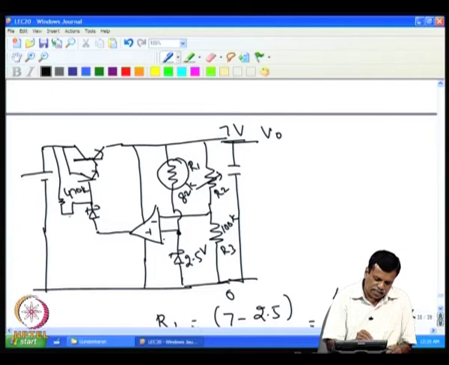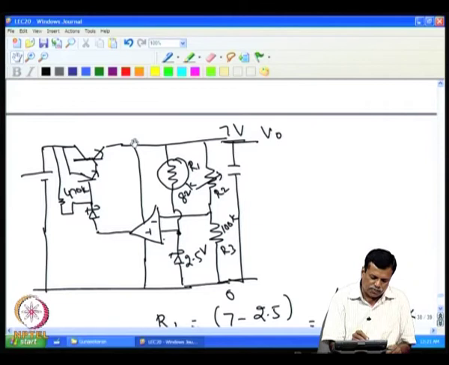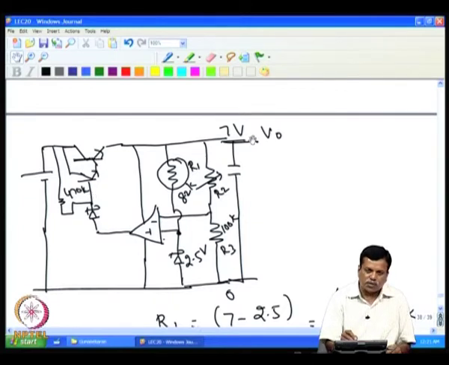Whatever current is coming here has to go through this, and a small voltage, a few volts, appears; it need not be the zener breakdown voltage. With more than 1.2 volt present here, the voltage comes out here, and that makes this voltage go high, and that also increases this. Like that, slowly the voltage builds up and stabilizes to 7 volt. So the zener is not operating in breakdown, it is only to provide an initial voltage such that the circuit starts.